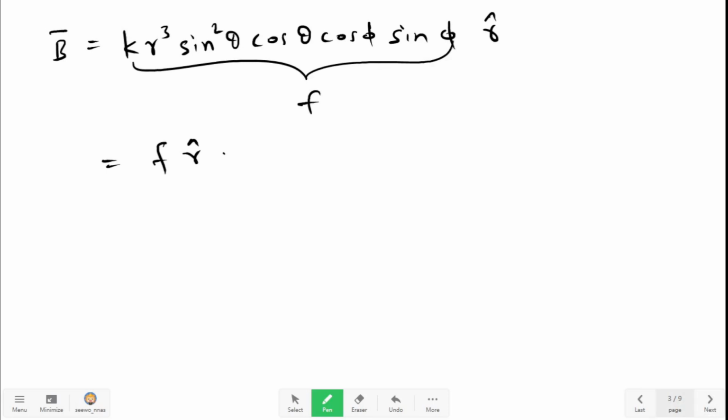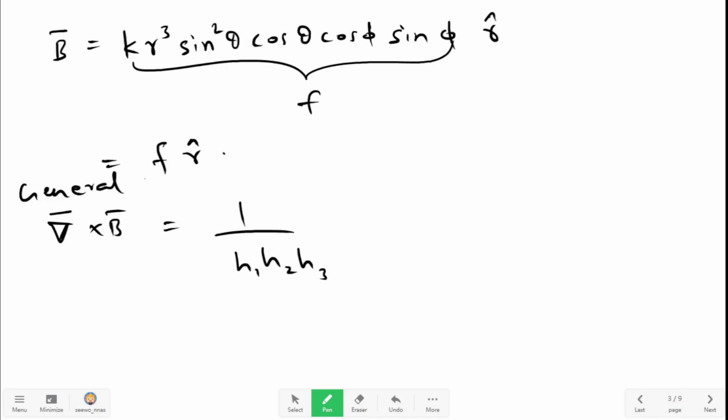Now to find the curl of B, we write 1 by h1 h2 h3. This is the general definition of curl. This can be used in any coordinate system, whether it be Cartesian or spherical polar coordinates or cylindrical.